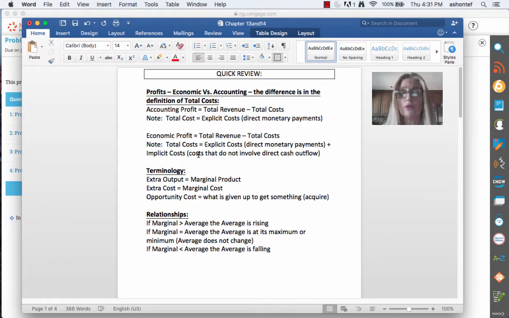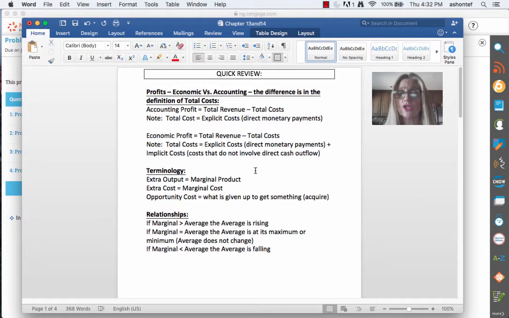So for example, if you gave up a $50,000 job, the economist would want to include that as a cost while the accountant wouldn't. So remember, that causes the interpretation of profits from an economist standpoint to be quite different than an accountant's.